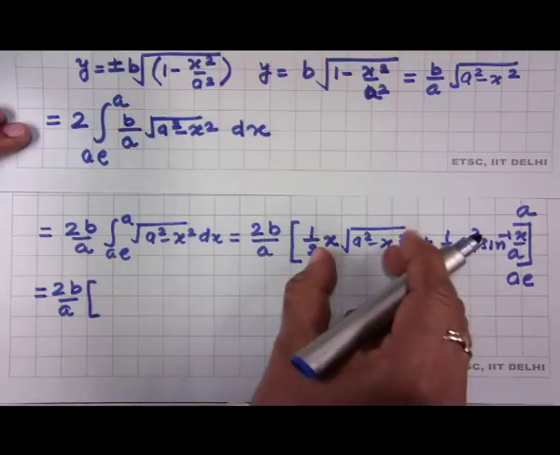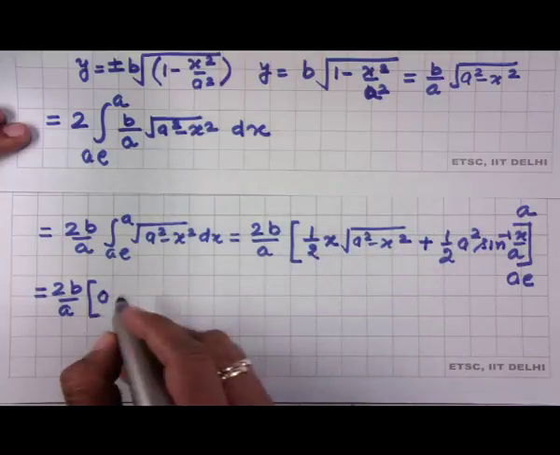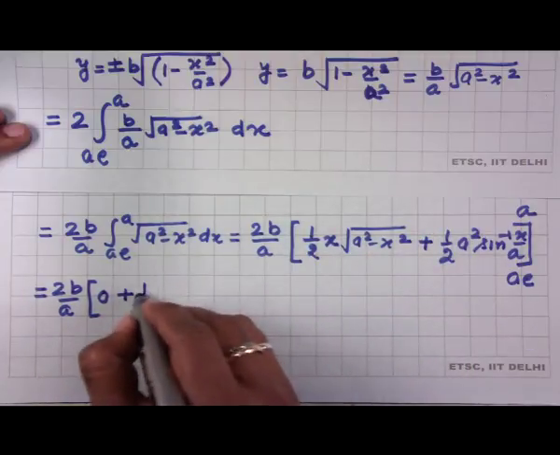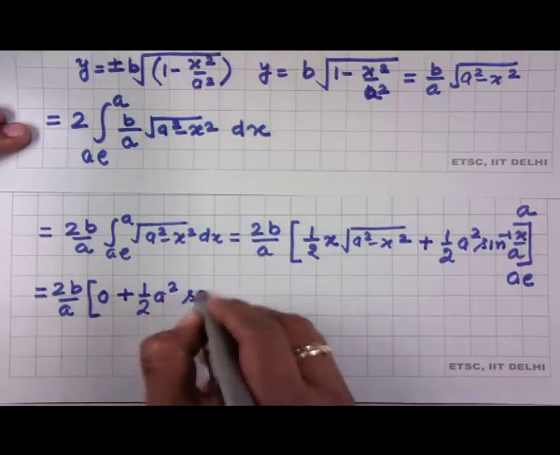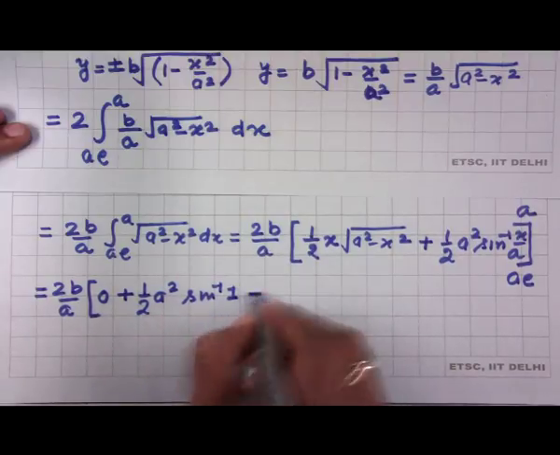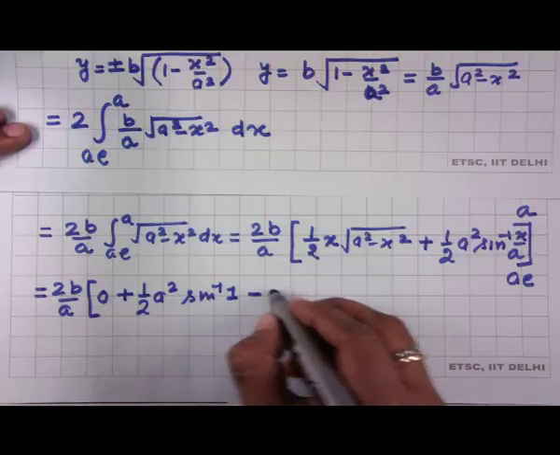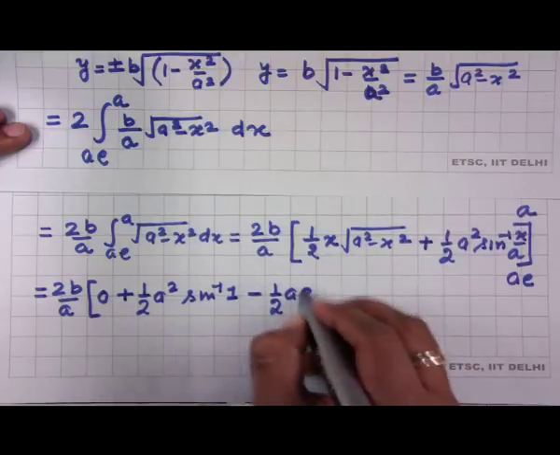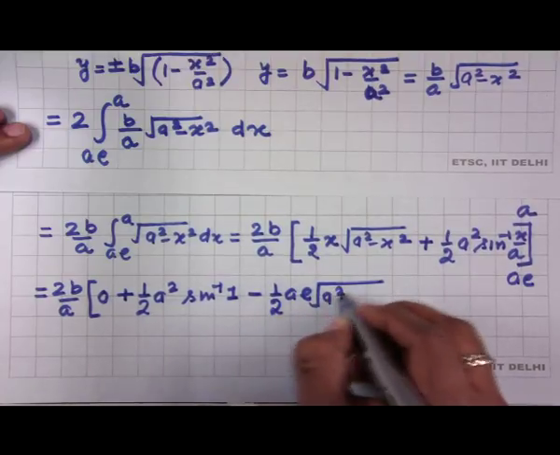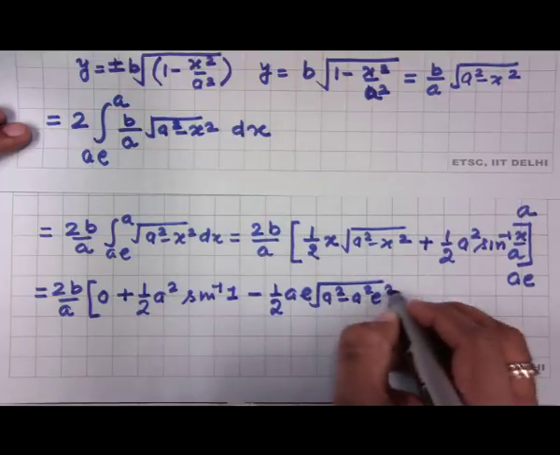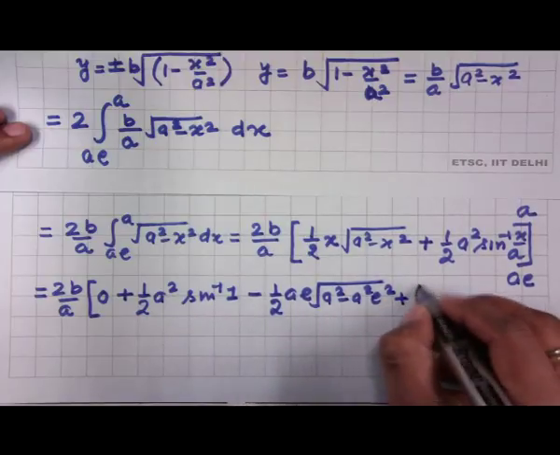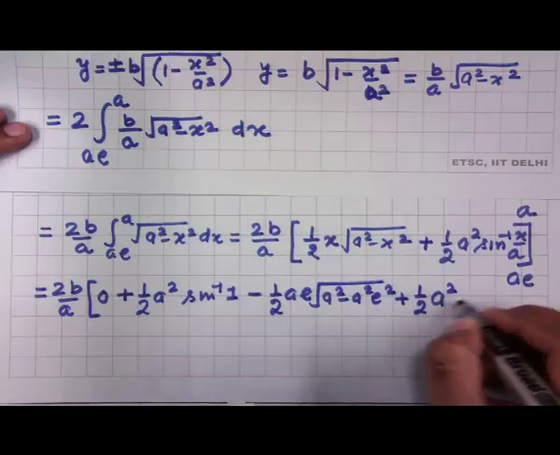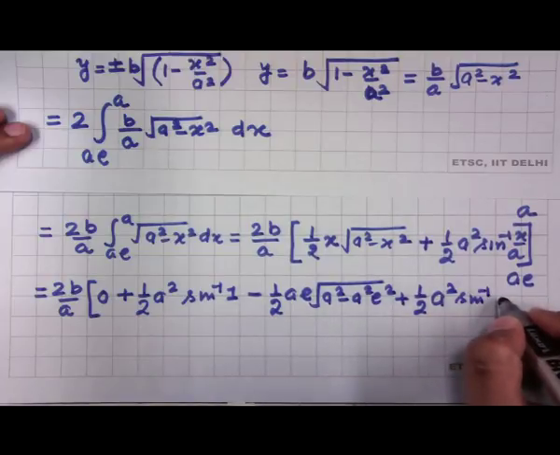So at a it will give you 0 plus 1 by 2 a square sine inverse 1, minus half ae under root a square minus a square e square plus 1 by 2 a square sine inverse e.